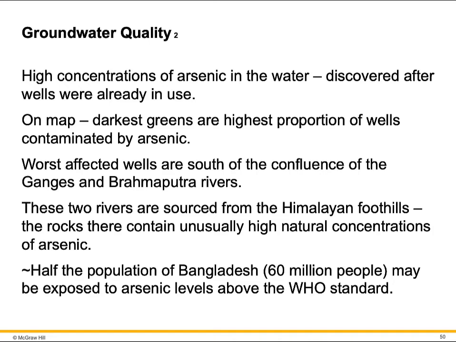These two rivers are sourced from the Himalayan foothills. The rocks there contain unusually high natural concentrations of arsenic. Half the population of Bangladesh, 60 million people, may be exposed to arsenic levels above the World Health Organization standard.